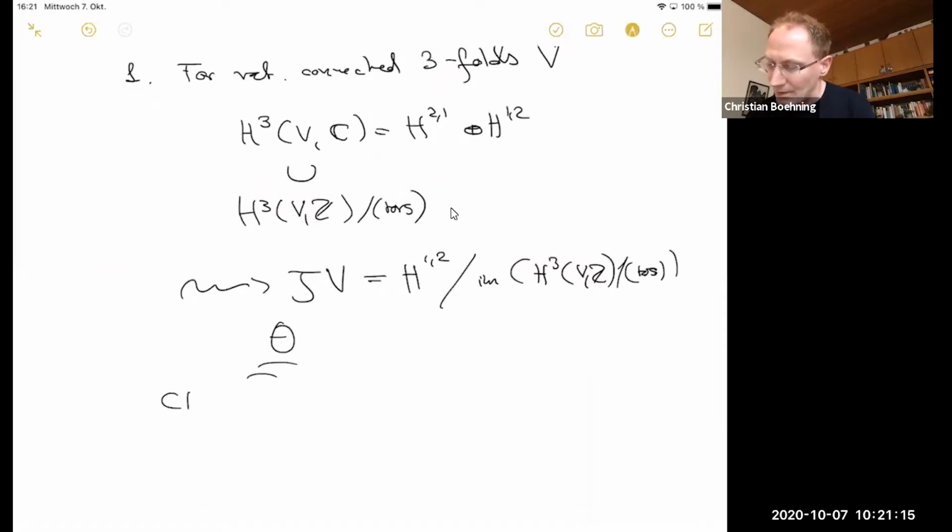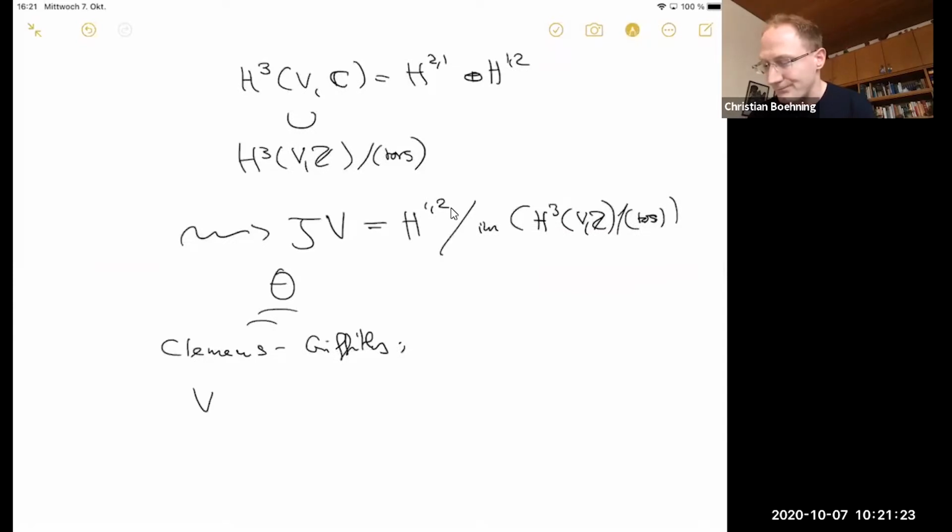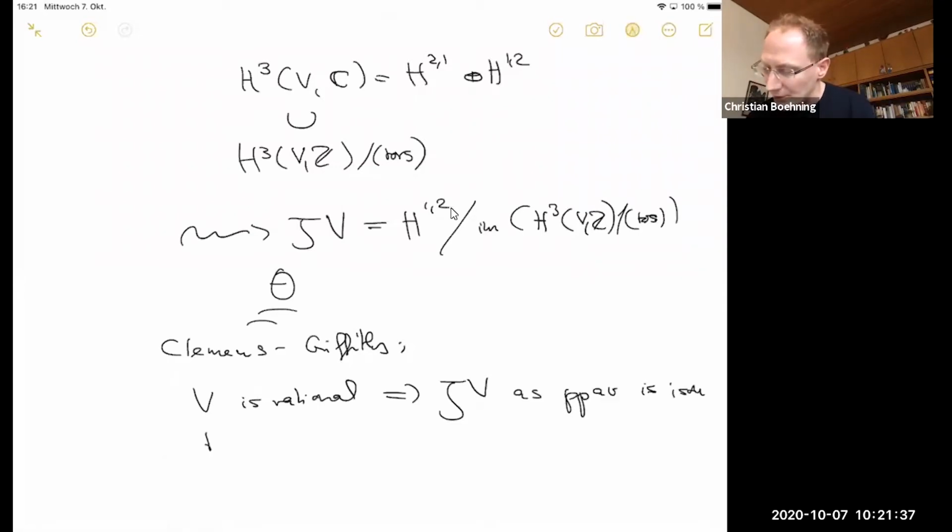And so then, as you all will be very well aware, Clemens and Griffiths essentially proved that if V is rational, then this intermediate Jacobian, as a principally polarized abelian variety, is isomorphic to a product of Jacobians of curves.